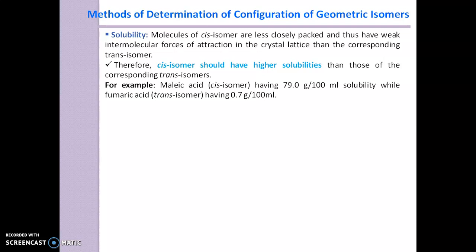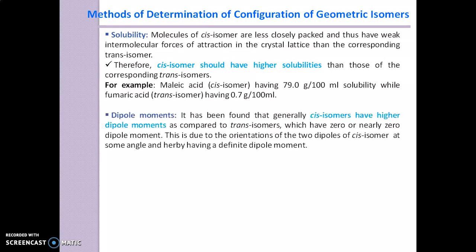From that it is clear that maleic acid has a solubility of 79 gram per 100 ml, while fumaric acid has 0.7 gram per 100 ml. So we say that the solubility of maleic acid is higher, that is, the cis isomer has higher solubility than the trans isomer.